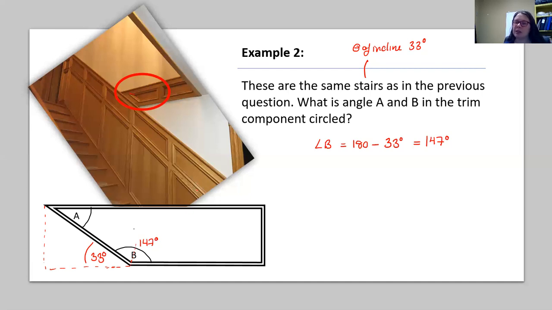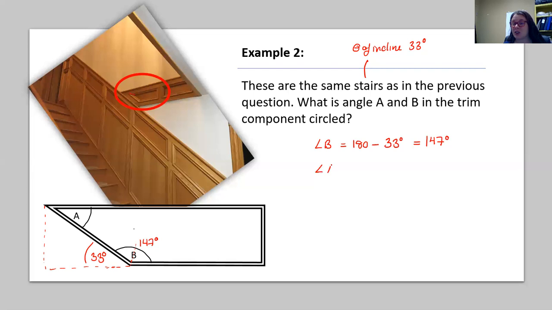So each piece takes half of that angle. Lets the trim fit together really nicely. Trim work has to look pretty. This is where carpenters have to think about what makes it look pretty. And in this particular scenario, you have to work at being really accurate because you don't have the opportunity to really use much for filler.